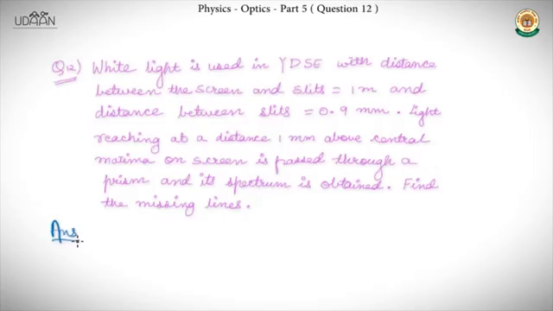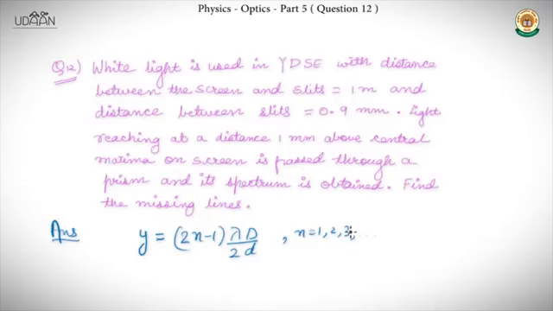First we start with the minimum formula of the YDSE, which states that y, the distance of the point from the central maxima, is equal to an odd multiple of lambda D by 2d, where n equals 1, 2, 3, and so on.